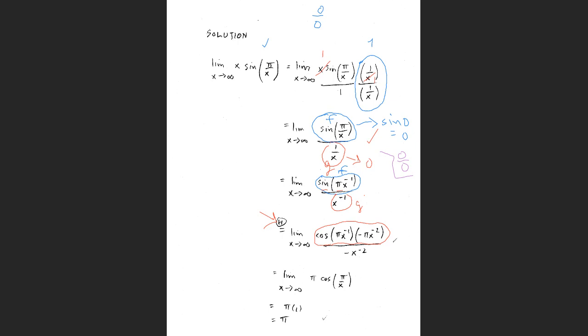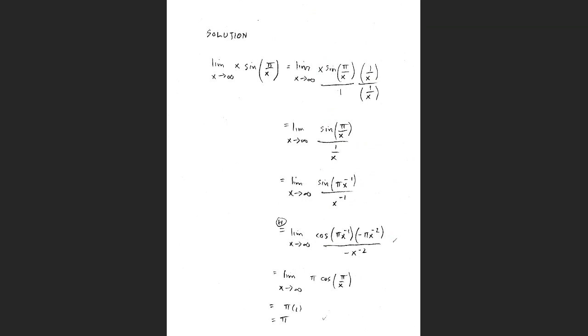The derivative of sine is cosine, so for the numerator you get cosine of pi times x to the negative first power. And then the derivative of pi times x to the negative first power is just negative pi times x to the negative second power. Hopefully nothing fancy is going on.